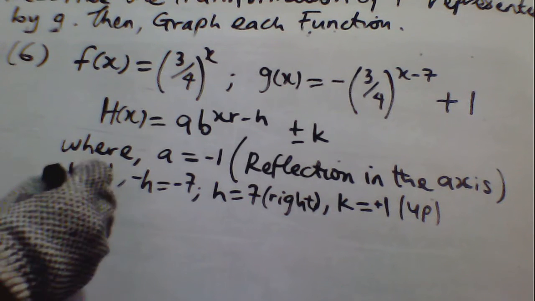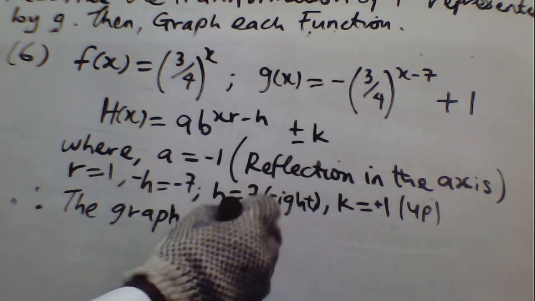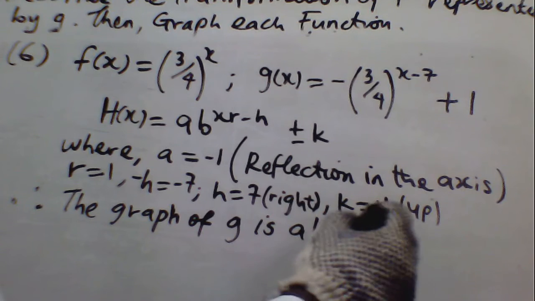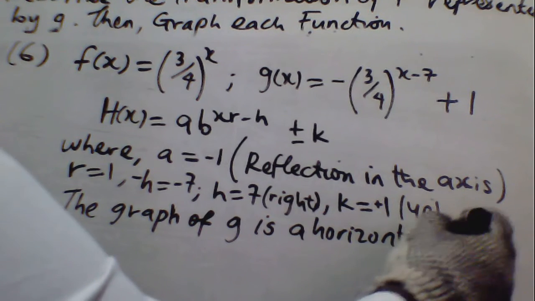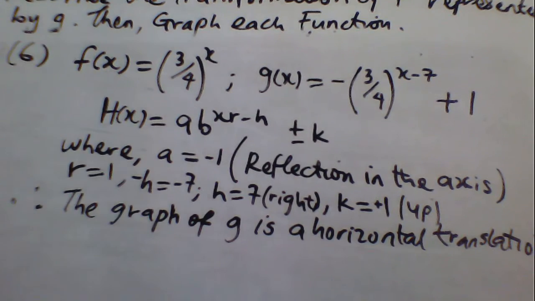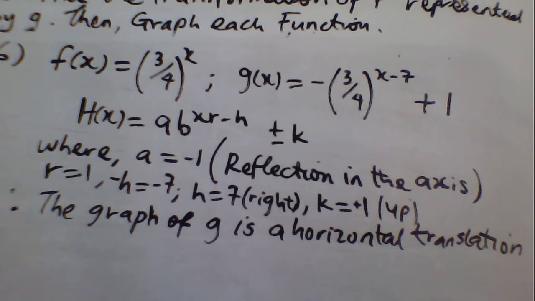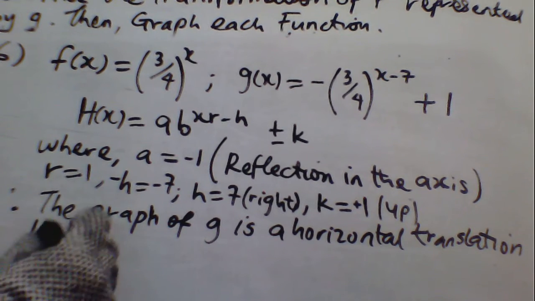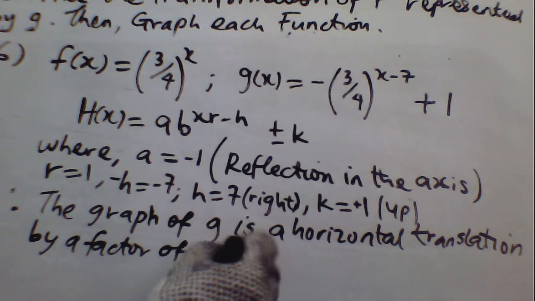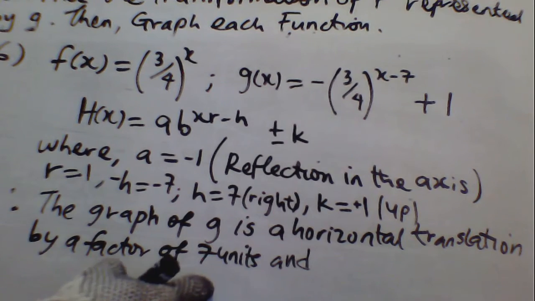Therefore, the graph of g is a horizontal translation by a factor of 7 units. Look at it, 7 units horizontal.